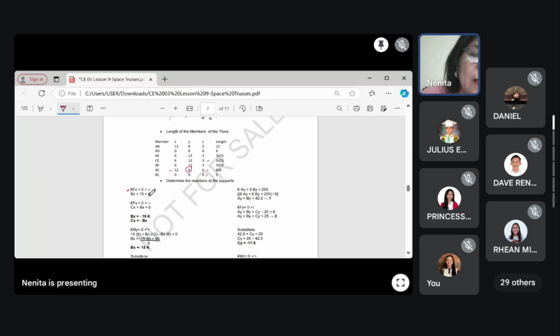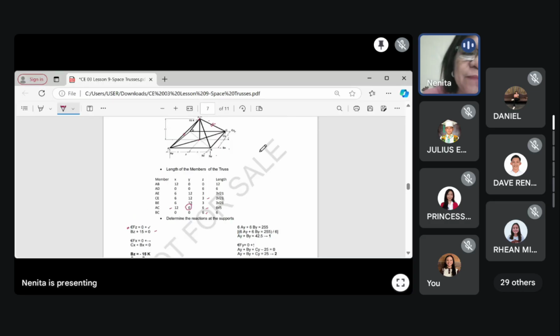So, summation of forces along the z-axis, we have BZ plus 15 equals 0. So, we can get BZ. This is the unknown for B, so we can get it directly.